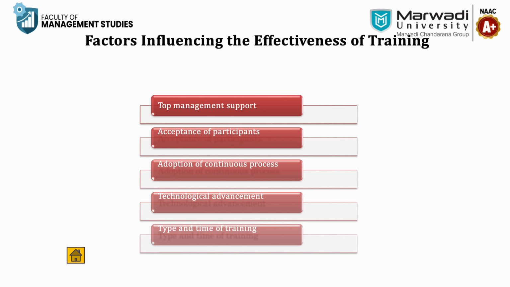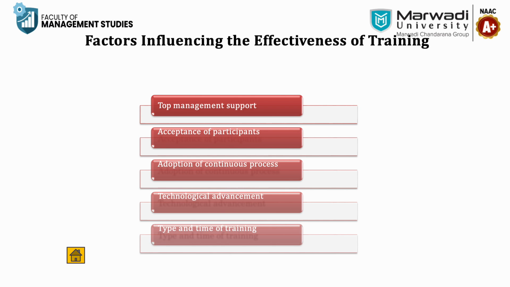So when we are talking about resources, good trainers, good experts, they also influence the effectiveness of training. Your budget influences the effectiveness of training. So your schedules, your support from the seniors, top management, as well as any seniors also affect your training program. So these are the factors which influence the effectiveness of training program.